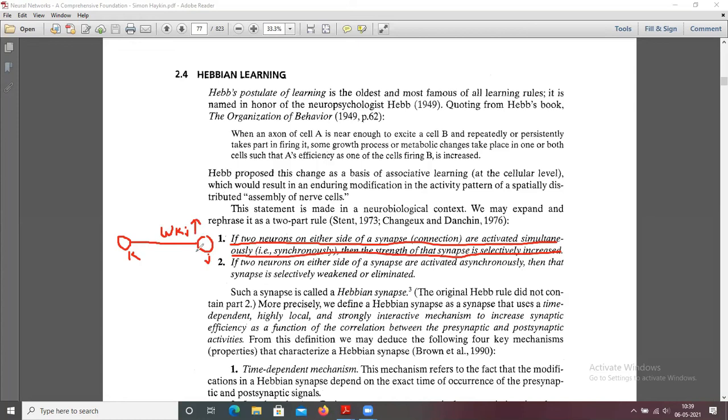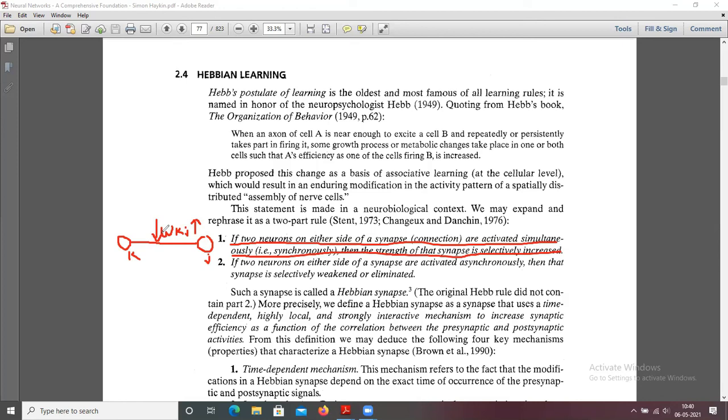If two neurons on either side of a synapse are activated asynchronously, that means the reverse of this, they are idle, then that synapse is selectively weakened or eliminated. That means now the weight will be weakened or eliminated. So these are the two simple rules.